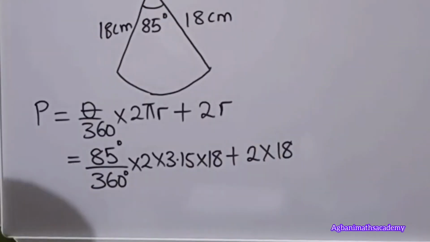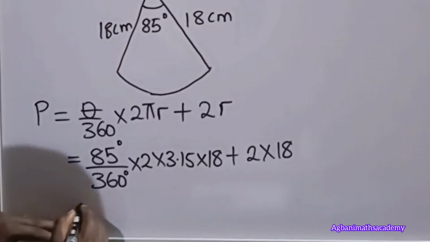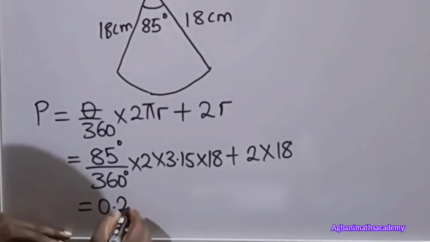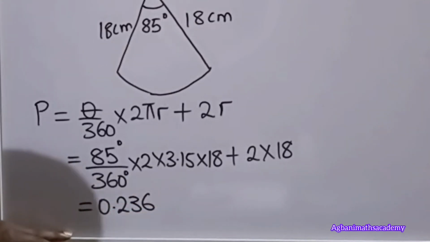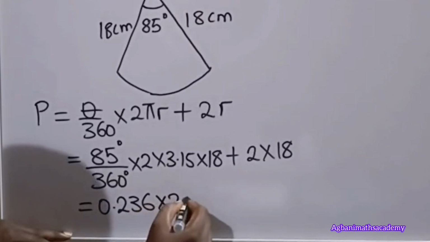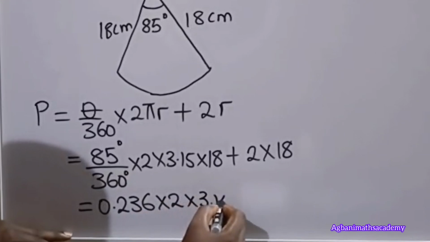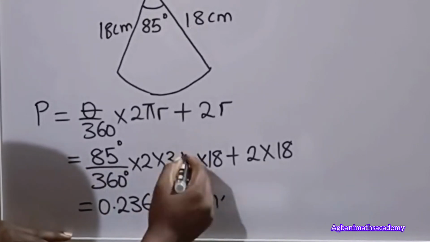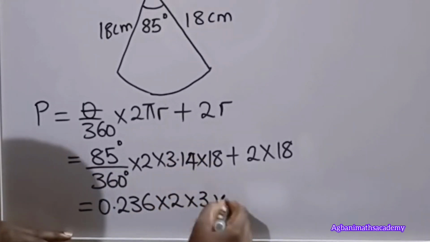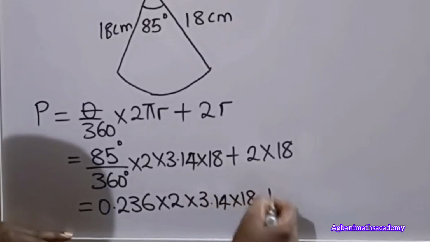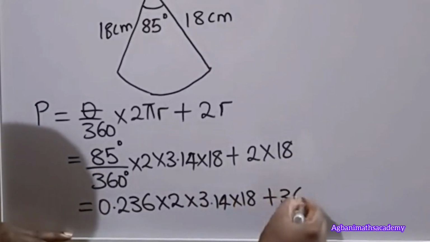We're going to use our calculator here. 85 divided by 360 is going to give us 0.23611. So we have 0.236 multiplied by 2 multiplied by 3.14 multiplied by 18, plus 2 times 18, which is 36.